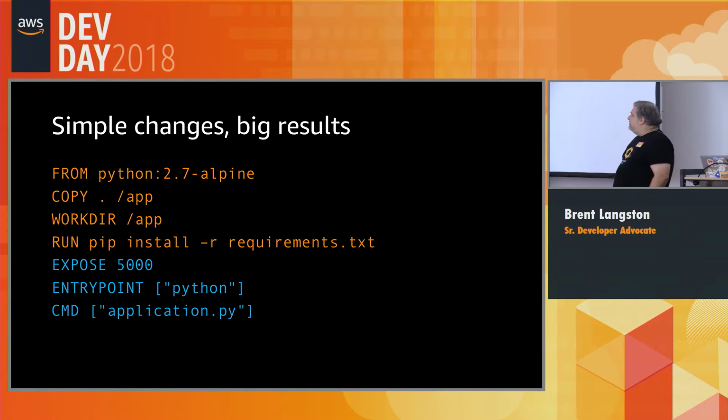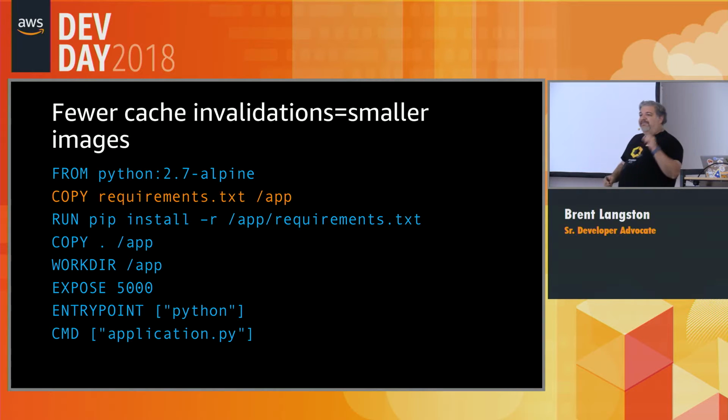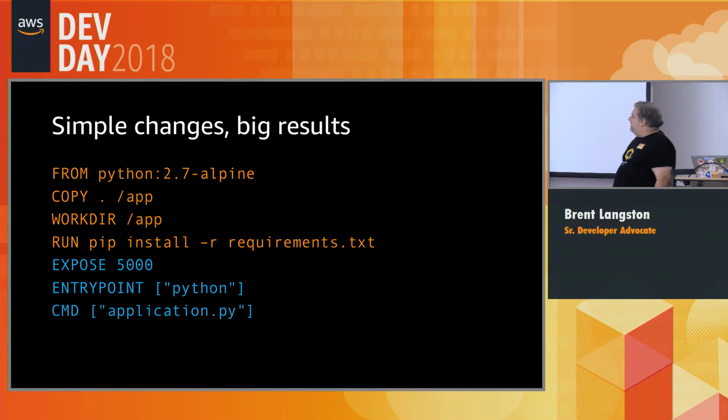Super, super good change. Even better change, though, is to take that and copy requirements first. Think about, okay, when would requirements get copied in this file? When we copy the app code. But that's line 2.